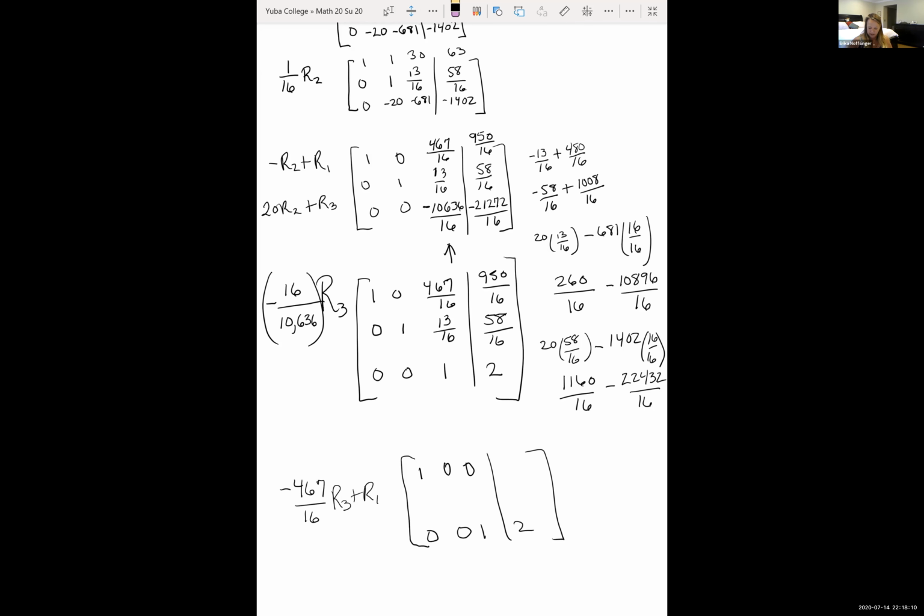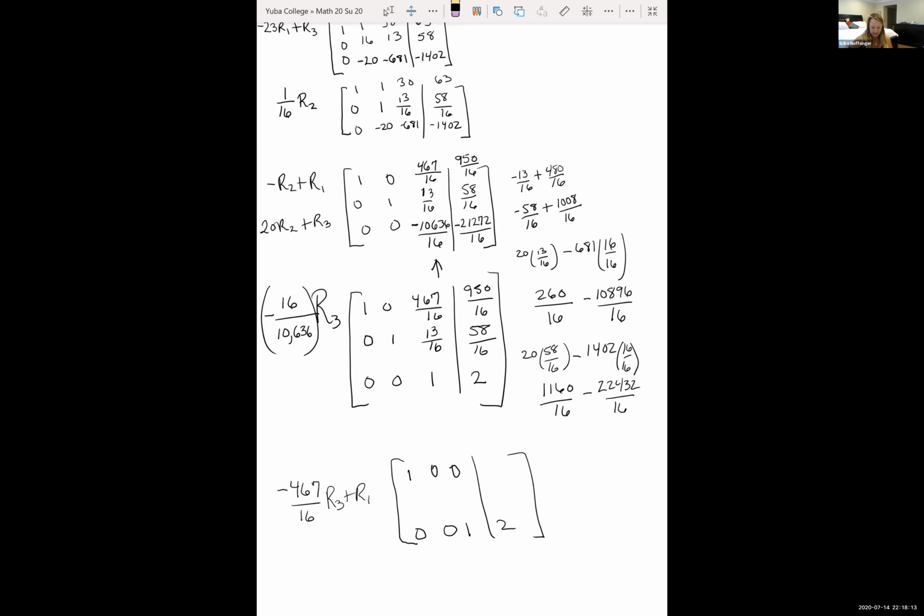So I need to do a little work here. I'm going to multiply this by 2 and add it to the 950. So 2 times 467 is 934. So I would have negative 934 over 16, plus 950 over 16. That gives us 16 over 16, which is 1.